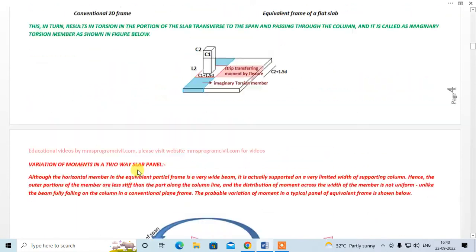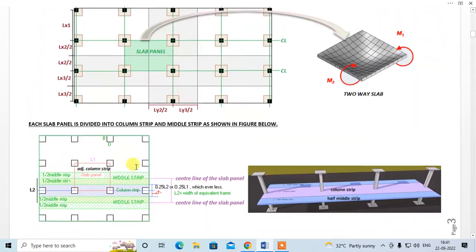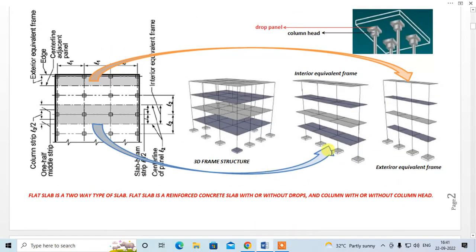So let me explain what this means. In this DDM, we will apply the dead load and live load to all the spans. But we know that for getting the maximum positive and negative bending moment, we apply live load either on alternate spans or on adjacent spans, right? But in case of DDM, we have to apply live load and dead load on all the spans.